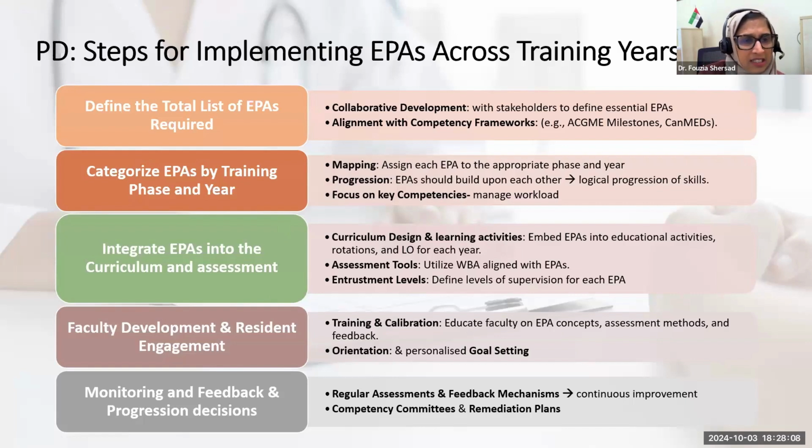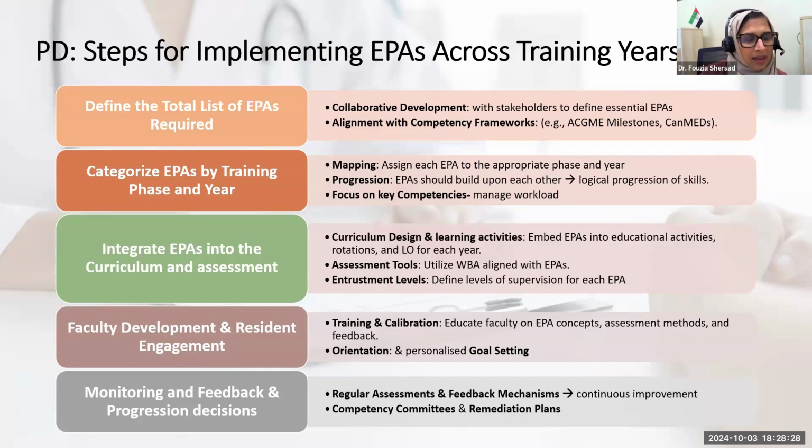After the total list of EPAs has been defined, the next step would be to categorize the EPAs by the phase of training or the year of training. For each year of training, there is a particular list of EPAs which have to be achieved.